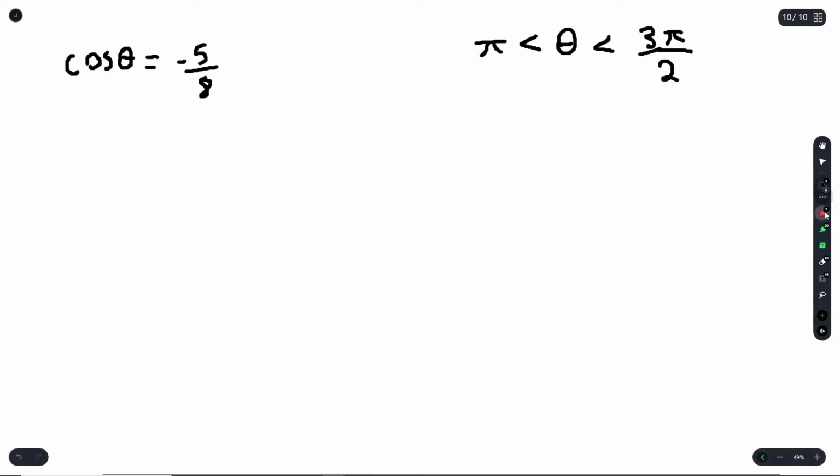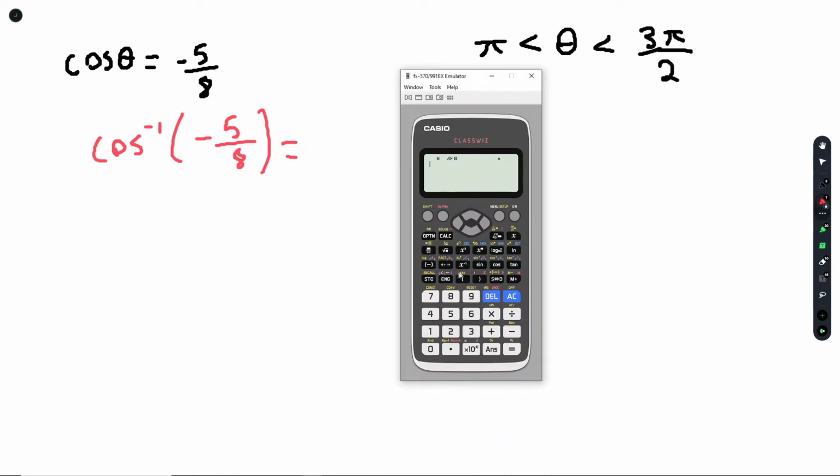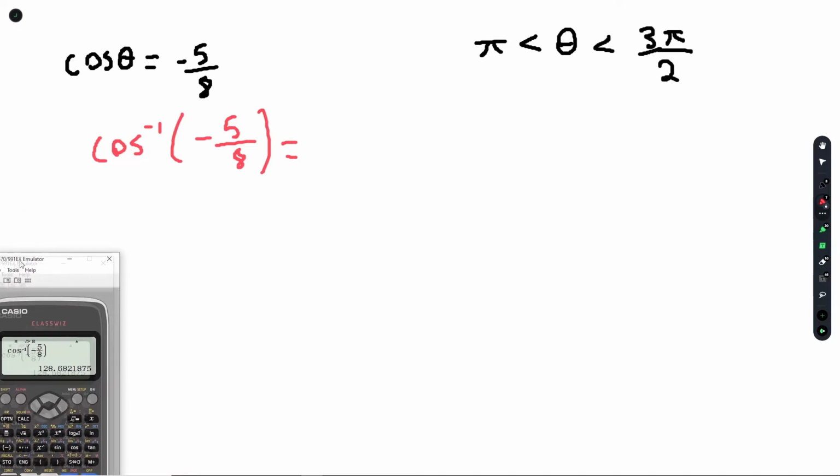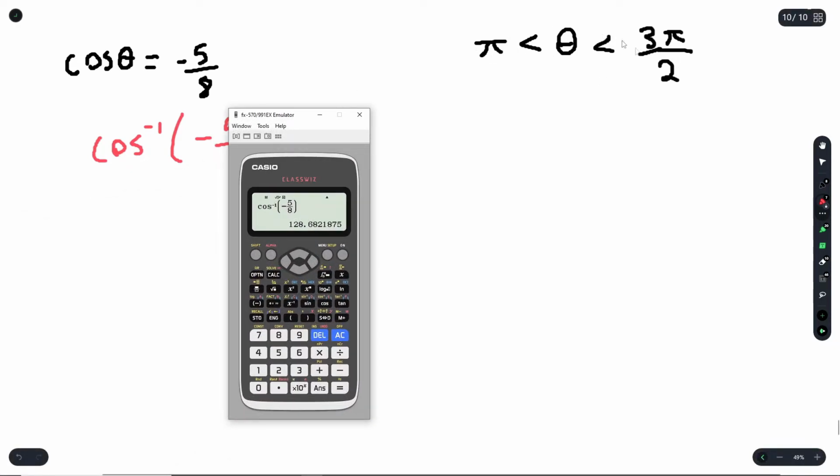So in this one, the only difference is we have our angle in radian. So first of all, we get this angle, cosine inverse of negative 5 over 8. Then we get the calculator. So shift cosine negative 5 over 8, 128.68. Since this is in radian, we need to convert our calculator to radian.